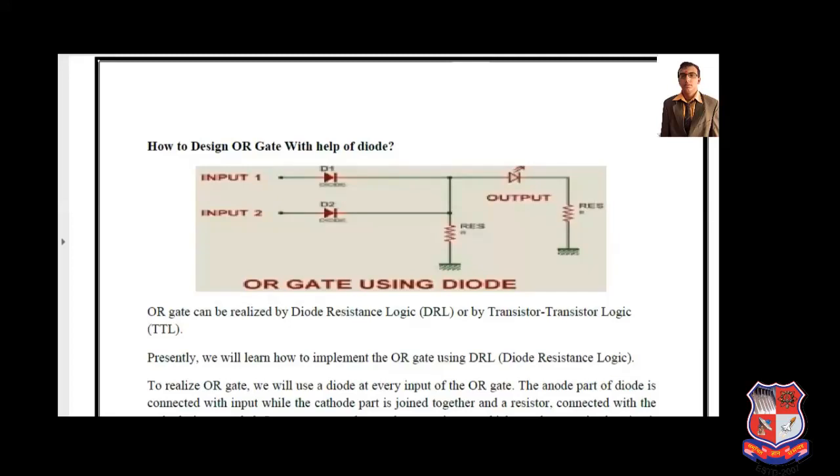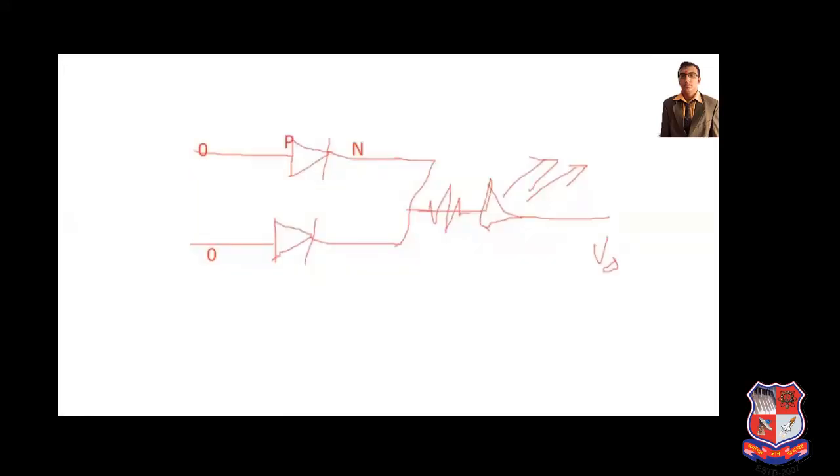Now we can apply the 1 input. Here we apply 1 input, and here also applied 0 input. It is considered the second case. Now due to this 1 being present, 1 means high voltage. I have written here 1 equal to high voltage.